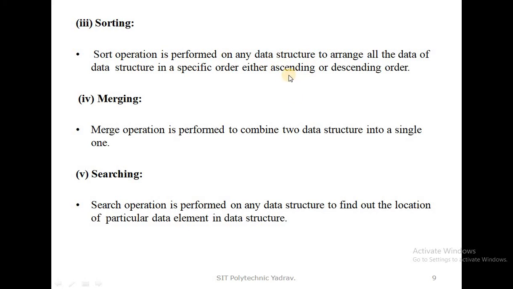Ascending order means the numbers are sorted low to high, and descending means sorted high to low. In the sort operation, the data of the data structure already stored in memory is arranged in a specific order, like ascending or descending.